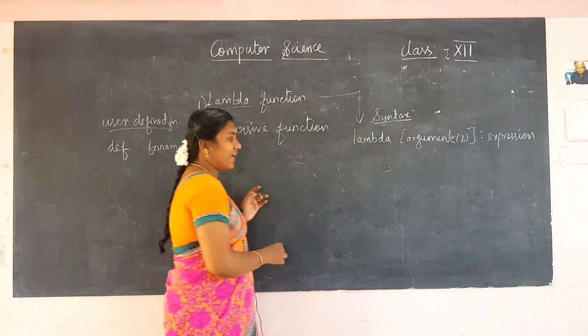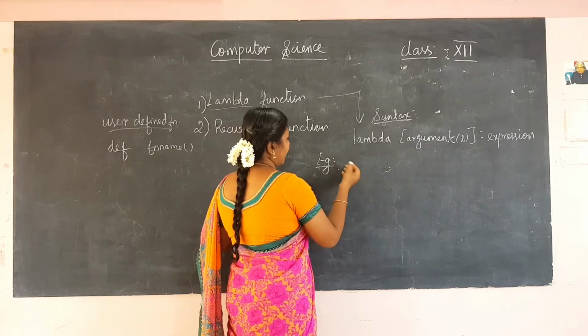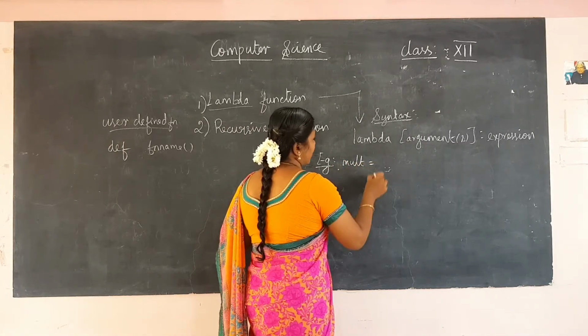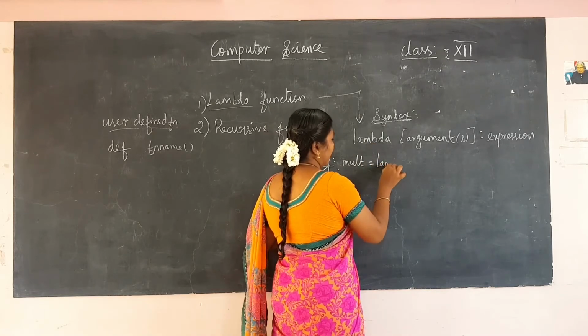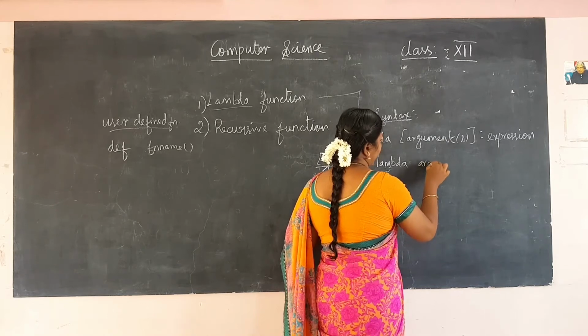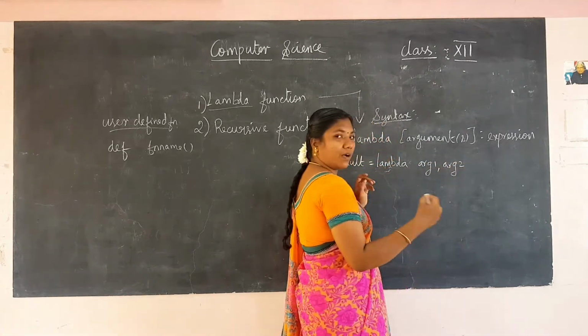So let us see an example. In a variable mult, I am creating a function with lambda. I am giving two arguments, because I am going to multiply two values: argument 1, argument 2.